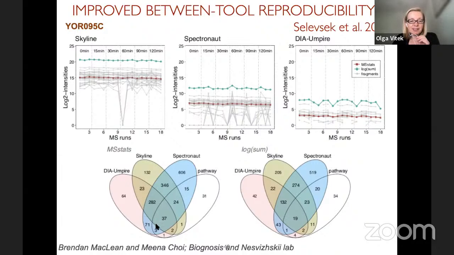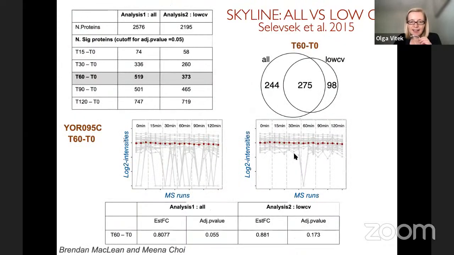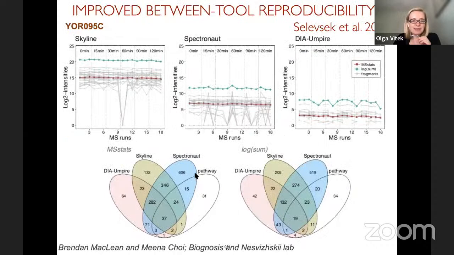And we see that regardless, the agreement between the tools is much higher if we do the processing with MSstats as compared to the processing with taking the sum and then taking the log. So again, by handling outliers, the difference between the tools is smaller.